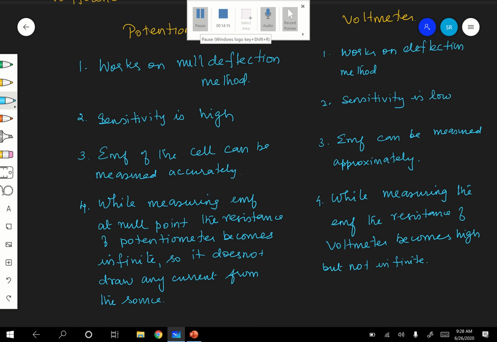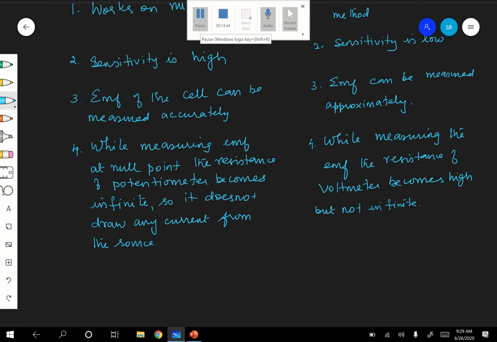But for the potentiometer, its resistance at the null point becomes infinity. That is why it is not drawing any current. But in the case of the voltmeter, because its resistance is only high, it draws some current. Are you following? Which means its measurement will be approximate only. That is a very important difference.